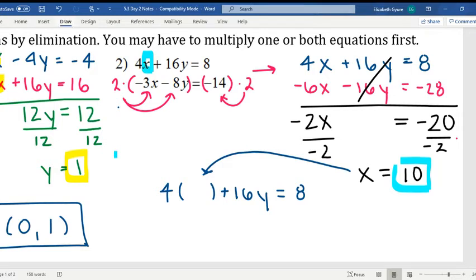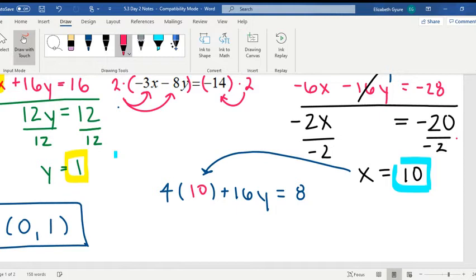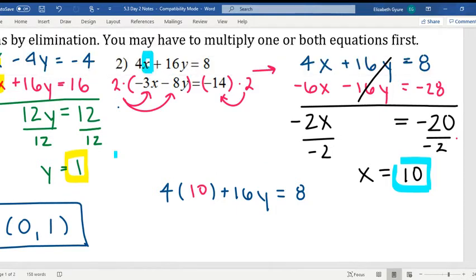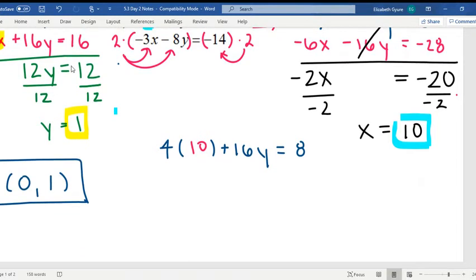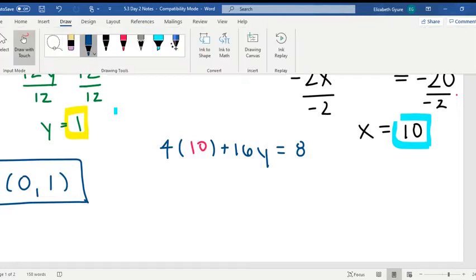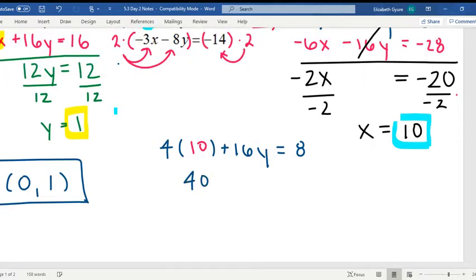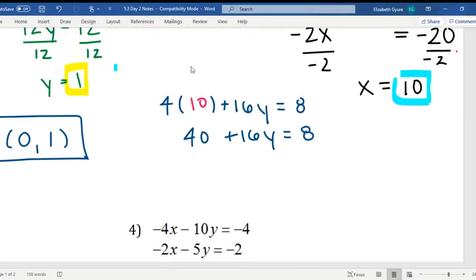So in those parentheses, I'm going to put the number 10. And now we're going to simplify. Hayden, what would be my first simplifying step here? Yeah, distribute that 4 times 10. 4 times 10 is 40, plus 16y equals 8. And now if you guys want, do your 2 columns, or at least think about your 2 columns, right? Would 40 stay or go?